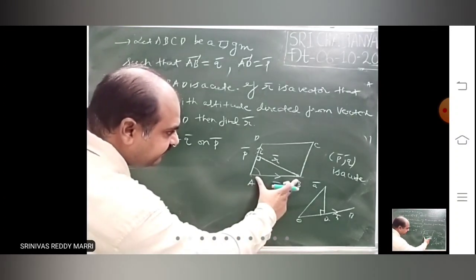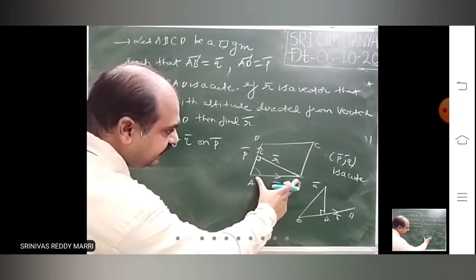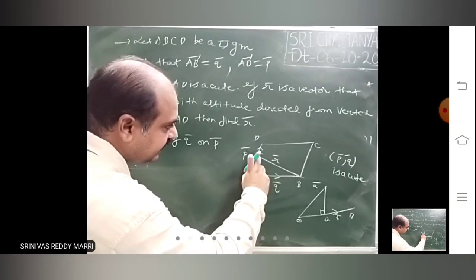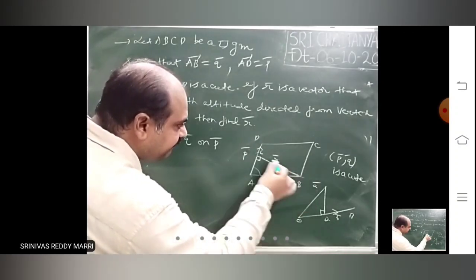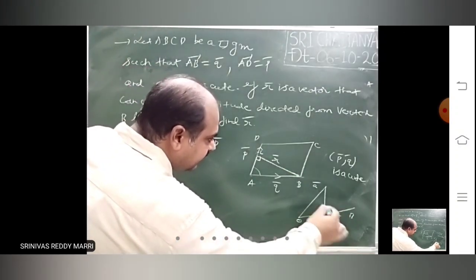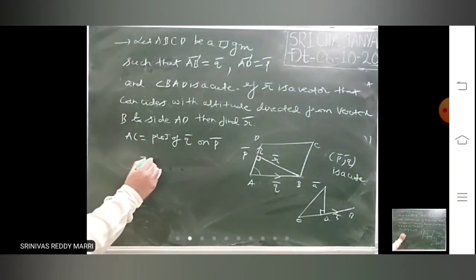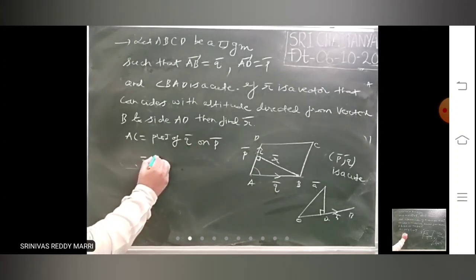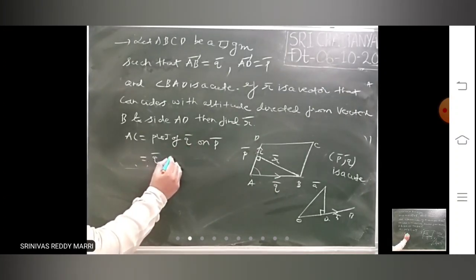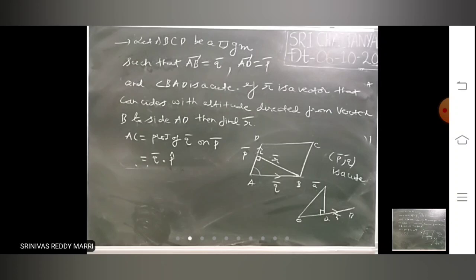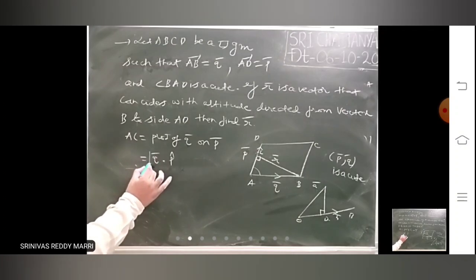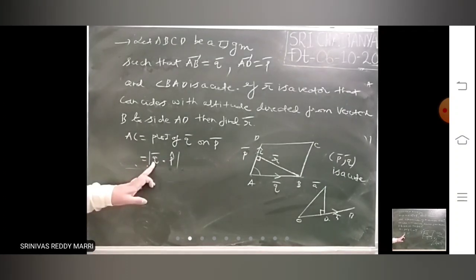Similarly, this complete vector is Q bar, and on P bar a perpendicular is drawn from here. Projection of Q bar on P bar means what? Q bar dot P cap. Actually, this is the modulus, the length: modulus of Q bar dot P cap.